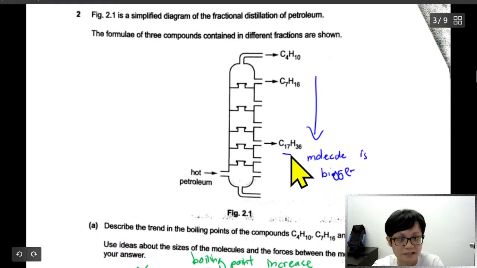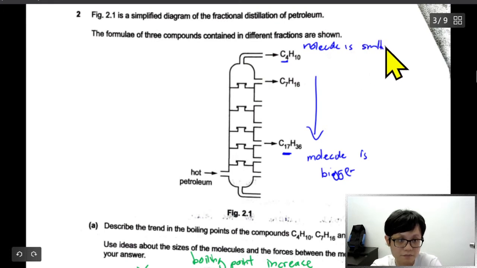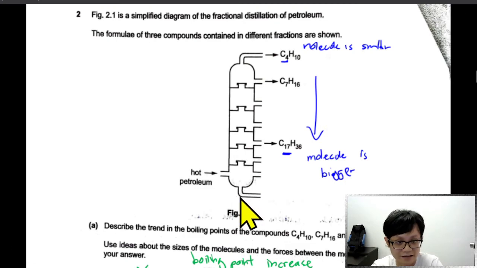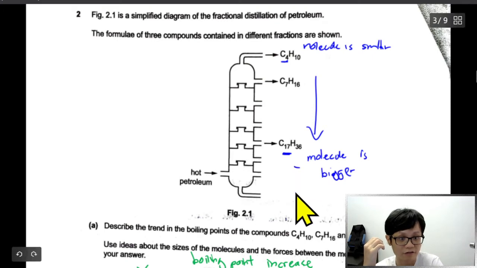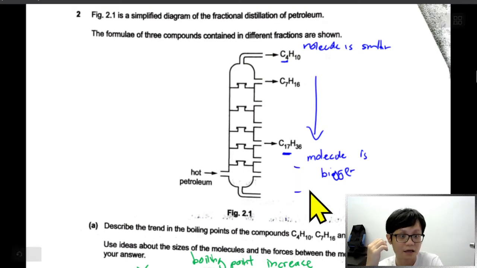Because we can see here is 17, here is 4, so the molecule is smaller. Of course down here also usually is the tar, the thing that is more solid. So eventually down here also it means the boiling point increases.